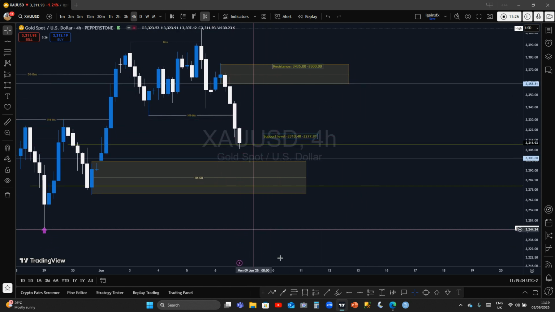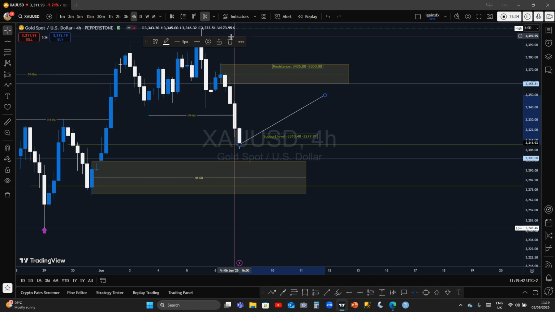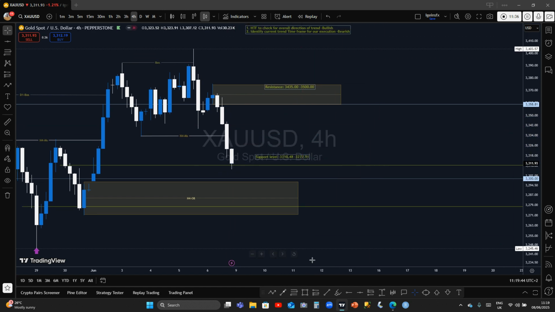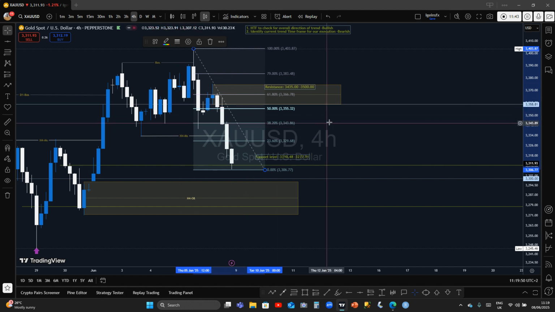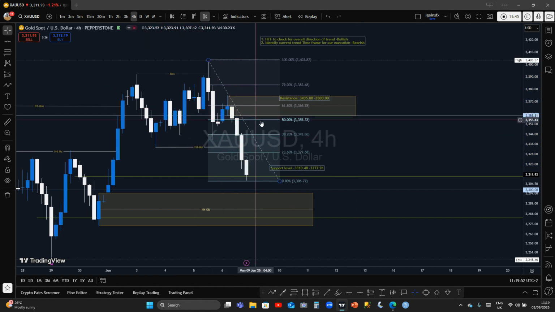So if price is coming from the downside, is pushing to the downside, watch this level here, because to further buttress this, if you plot your Fib from the high down to this point, you discover that the premium level is sitting between 50 upward.